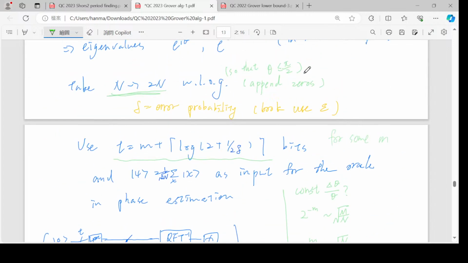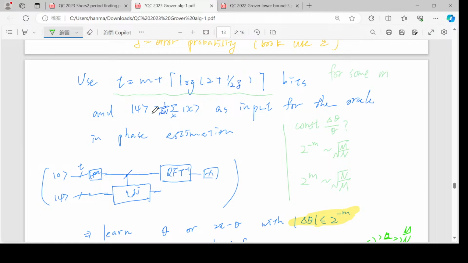So when we deal with sine and cosine, they are a little easier. And this you can do by just appending zeros. So you just add a whole bunch of zeros to the truth table of your function, so you make the space of your function twice as large. Also delta is the error probability.